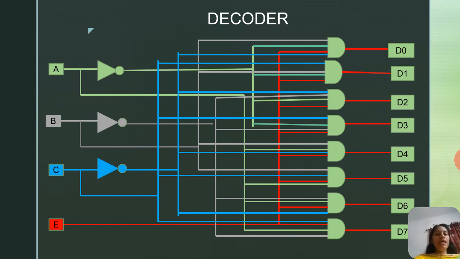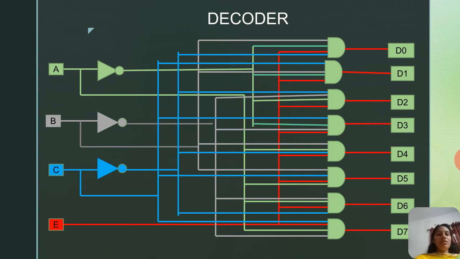Likewise, for D7, you connect the D7 AND gate with E and the A, B and C values as high. That is simply A, B and C, the three are 1, and E is also connected to the D7 AND gate. You are getting the result of D7. Likewise, we implement all the others.